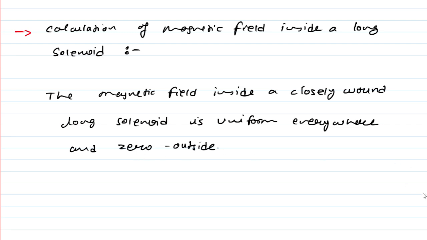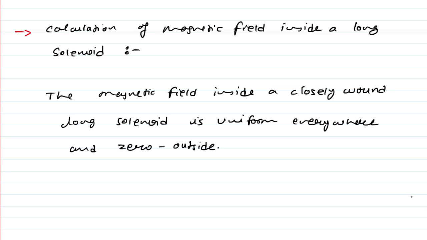Many students may be thinking, why zero outside? The magnetic field lines inside the solenoid are closely spaced and parallel to each other, and they create more field lines, therefore they have a larger value, but outside they are very weak and largely separated.